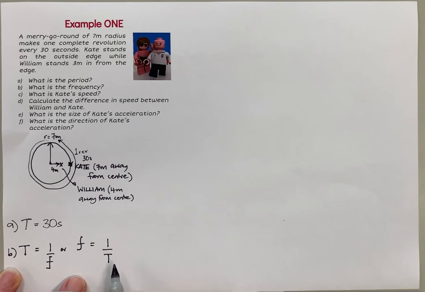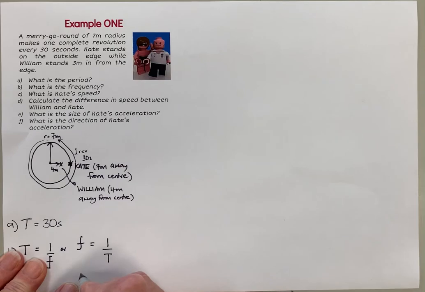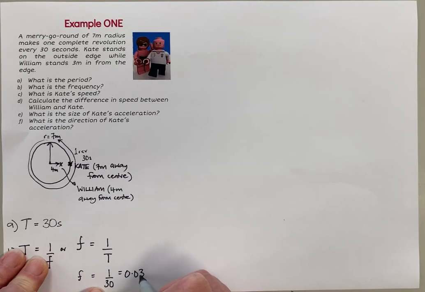So if we want the frequency, we have to do 1 over the period. In this case, that's 1 over 30, which gives us 0.03, and the unit for frequency is hertz, and that has the symbol capital H, small z. So it's 0.03 hertz.